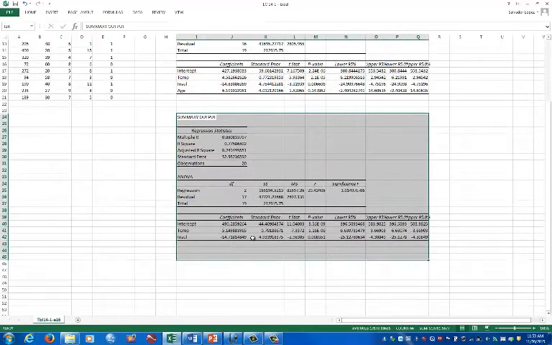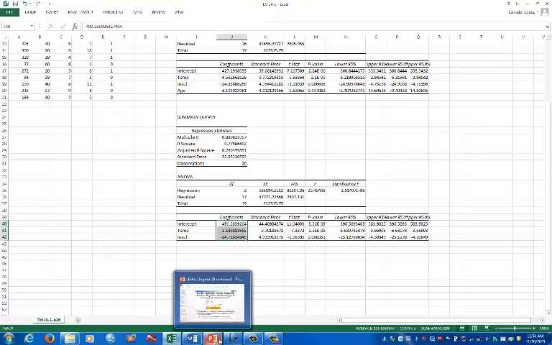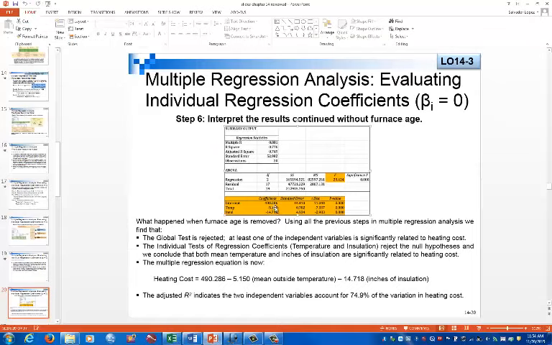Click OK, and that will be the new equation: 490 minus 5.14 times temperature minus 14.72 times the value of insulation, which is the same thing that is shown here in yellow.